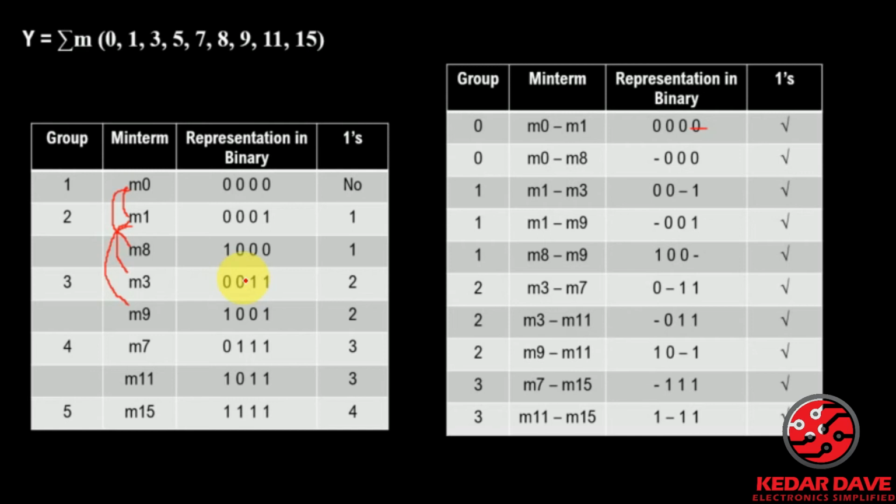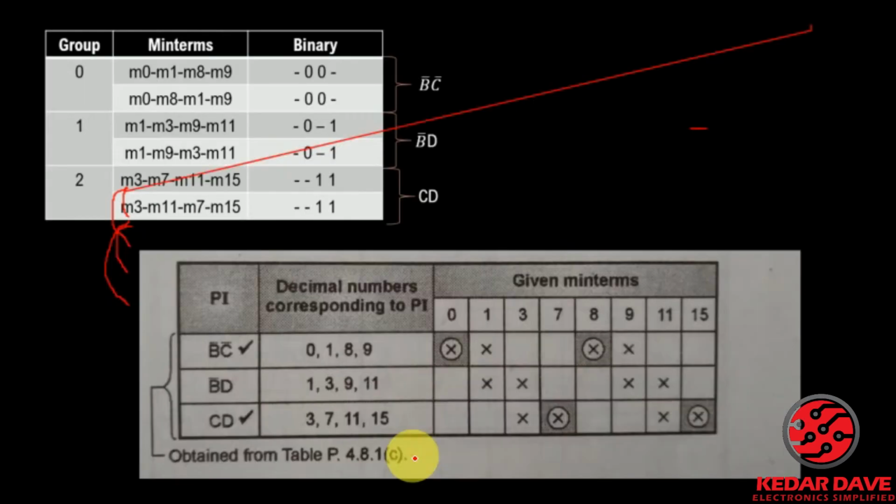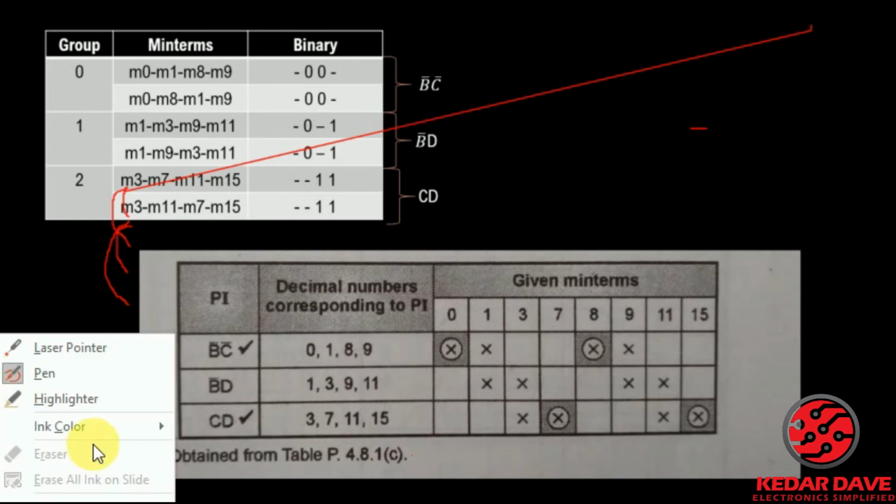So kindly remember this and do it on your own for all the min terms. The same procedure can be repeated up to m11 to m15, and we have done the same thing, putting the dash marks, or underscore marks, at the positions wherever the digit is getting changed.